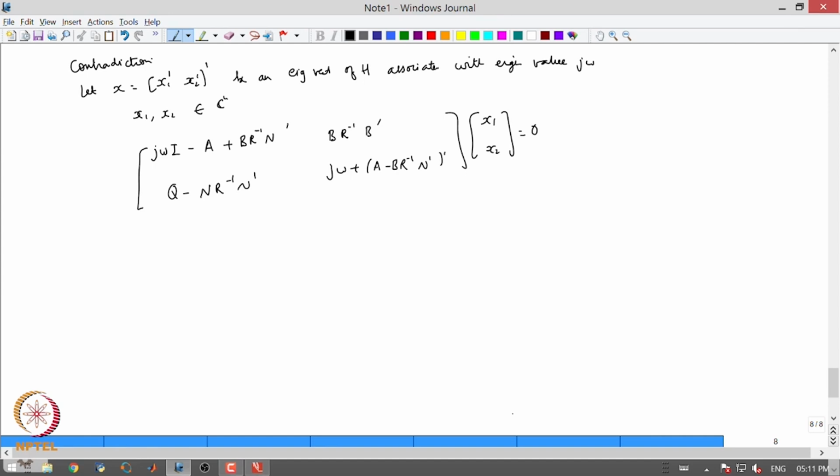Okay, now if lambda and x are an eigenvalue-eigenvector pair of H, and H is real valued, I can rewrite this as x1 star x2 star H [x1; x2] plus x1 star x2 star H transpose [x1; x2].